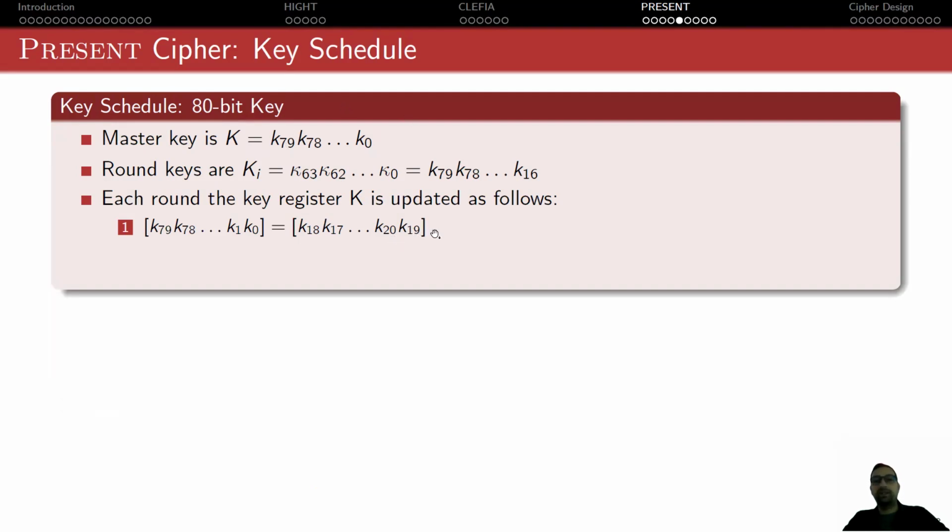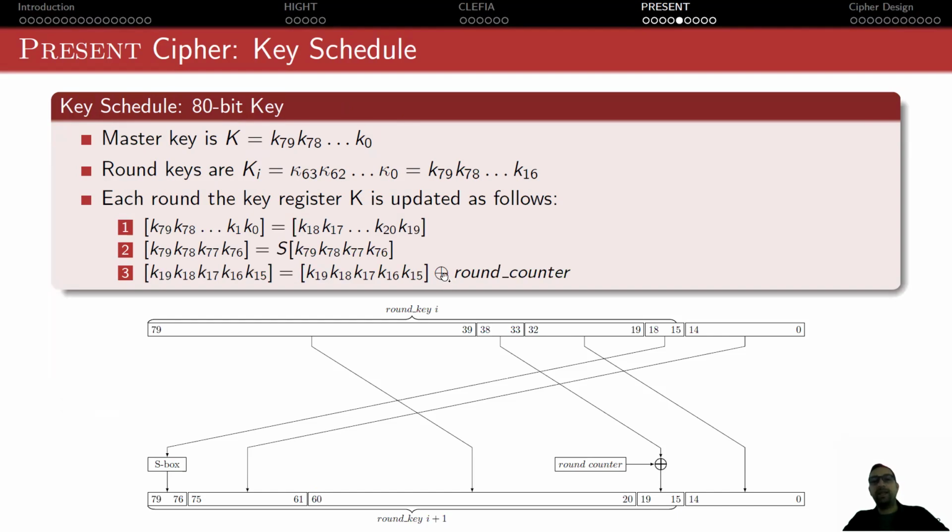First, you rotate 19 bits to the right. Then apply the S-box to the leftmost 4 bits. Then the round counter, which is actually the integer value of the round, like if it is round 20, it is 20. Okay, so you XOR it to these 5 bits. For instance, if your round count is 31, it is five ones. So this is why it only affects 5 bits.